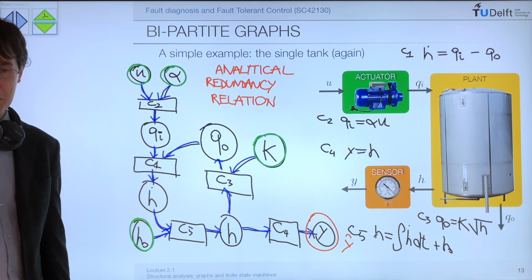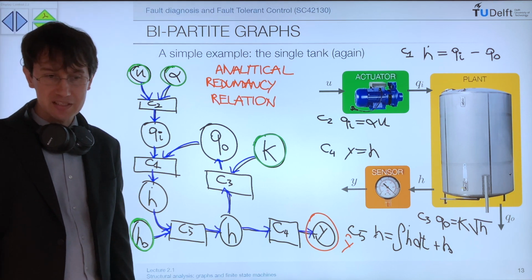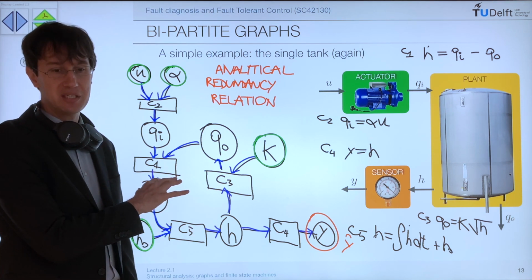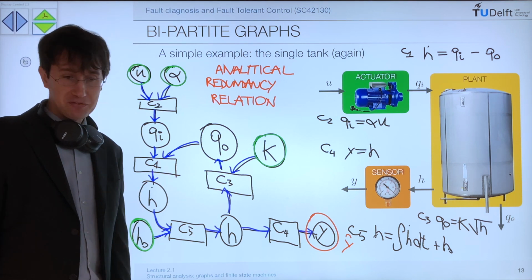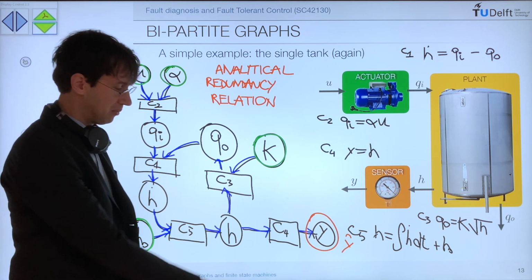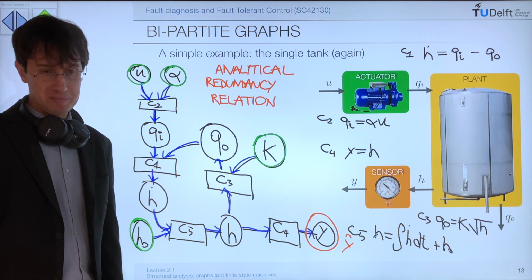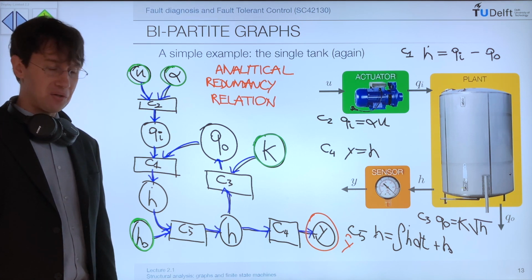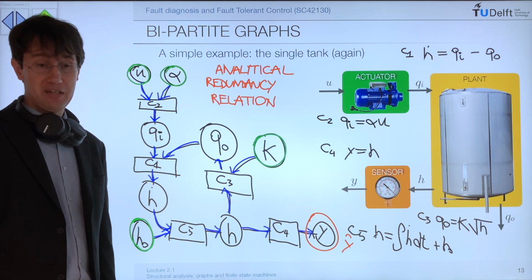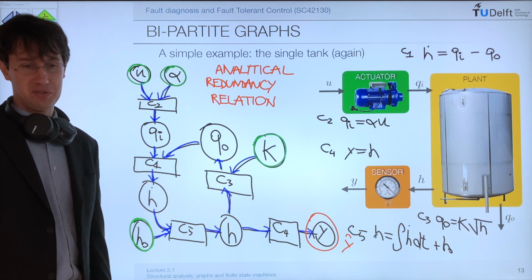So it's easy to see that if the model is good, the measurements of the other variables are good, the difference between the estimate y hat and the measurement y should be small. Whenever this is no longer true, then we are going to have a symptom that we can use for fault diagnosis.